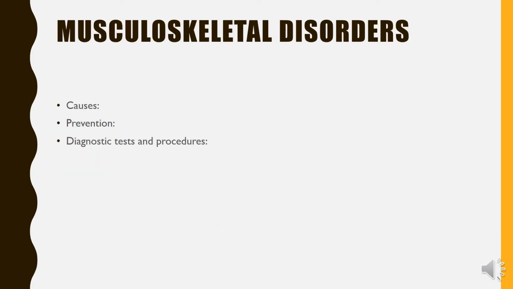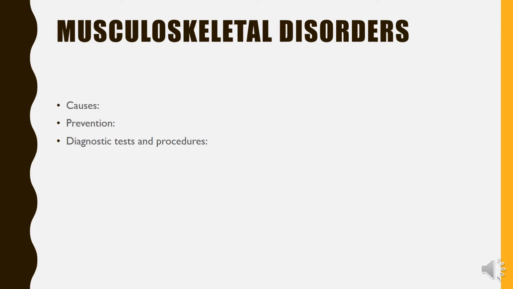So we will do a general overview of musculoskeletal disorders. Causes of these disorders include disease, trauma, malnutrition, and then the aging process itself. Trauma can result in bruising, strain, sprain, or fractures.